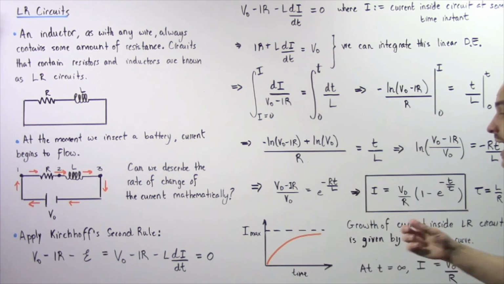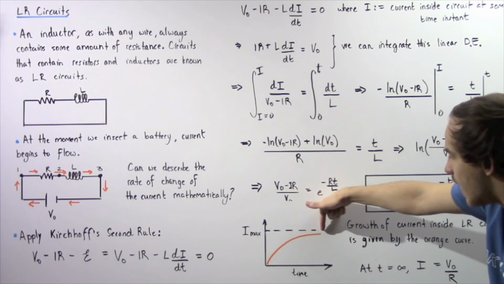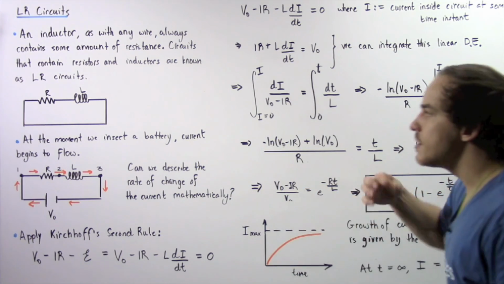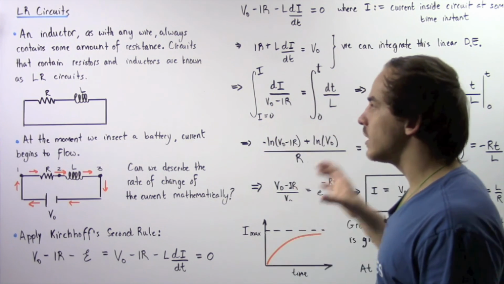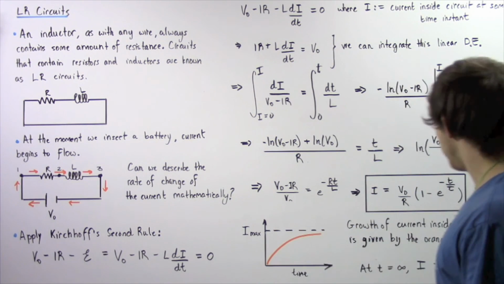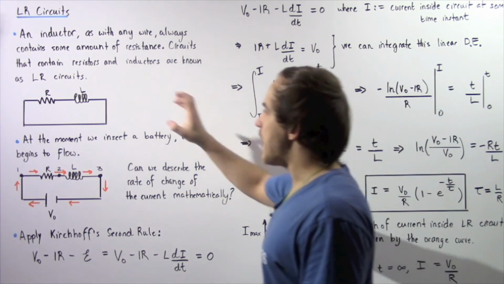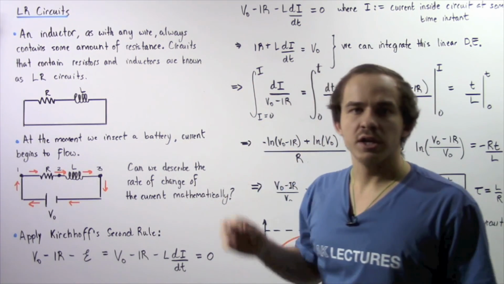At a time of infinity, an infinitely large time, our I is at a maximum value equaling V0 divided by R, and that's given by this line here. This line represents the maximum possible value that can be reached inside our electric circuit, where V0 is our voltage on the battery and R is the resistance found on our resistor, which includes the resistance of our inductor.